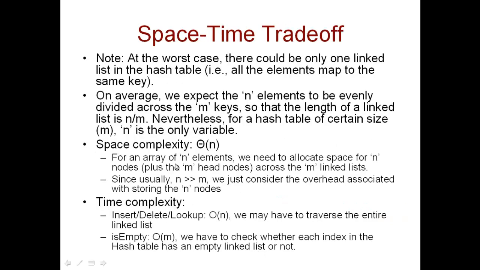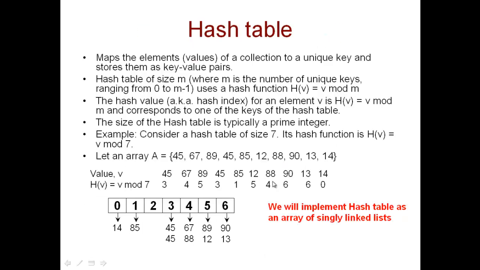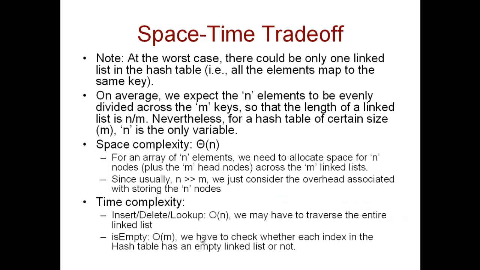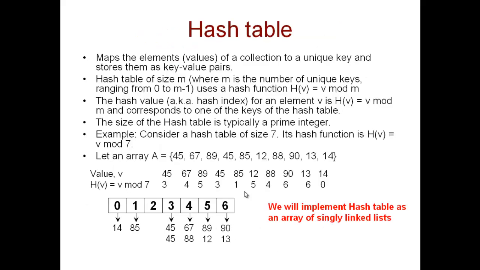So at the worst case, if most of the elements end up being in one linked list, then we might have to go through the longest linked list, and that will be n elements at the worst case. So best case is when it doesn't depend on what linked list or what hash index it is.